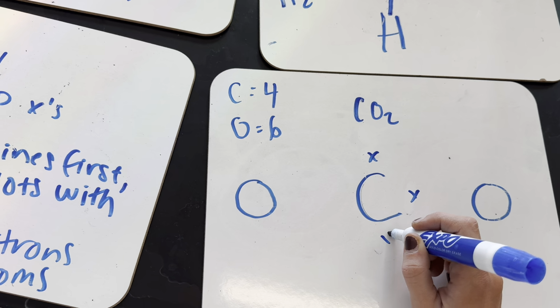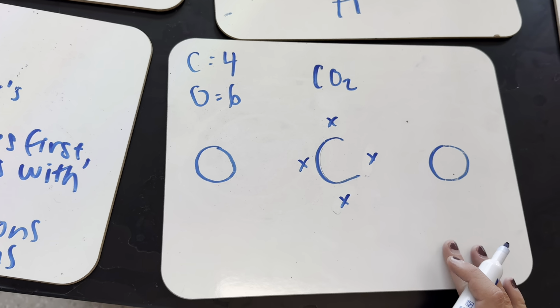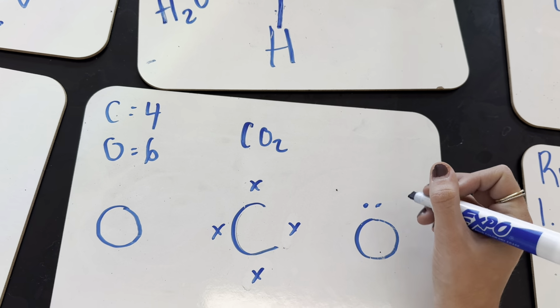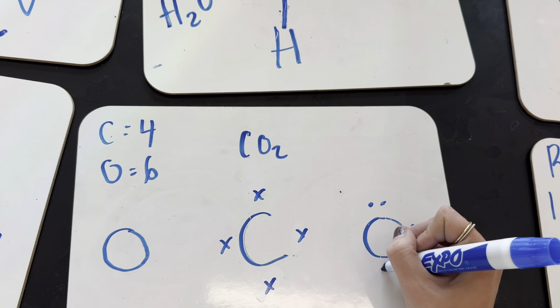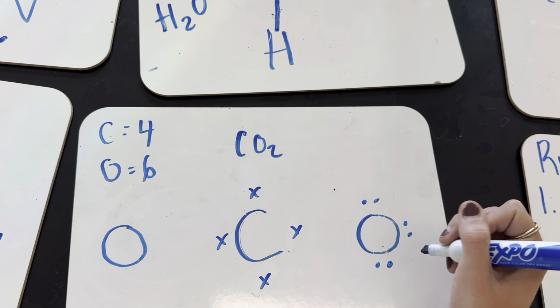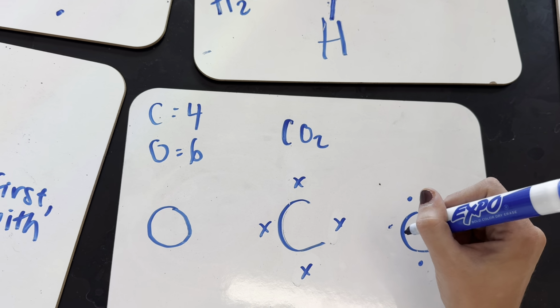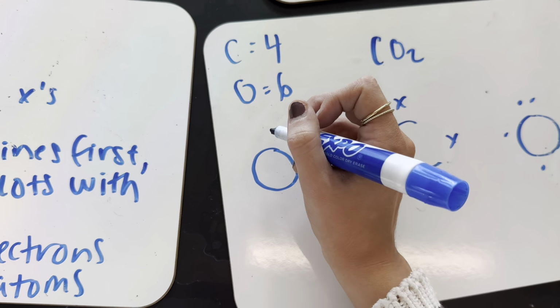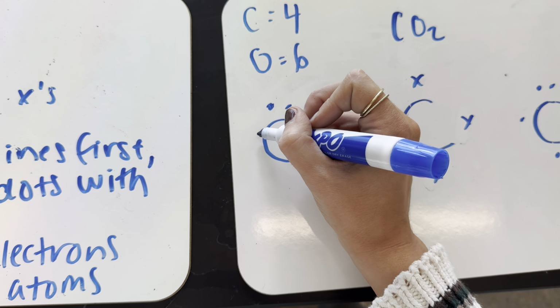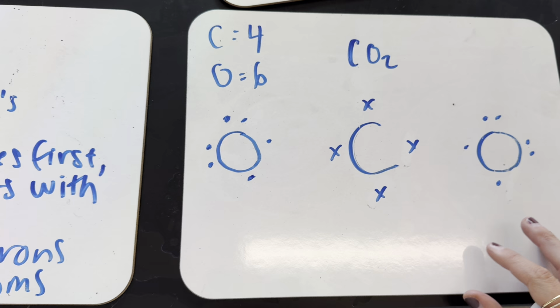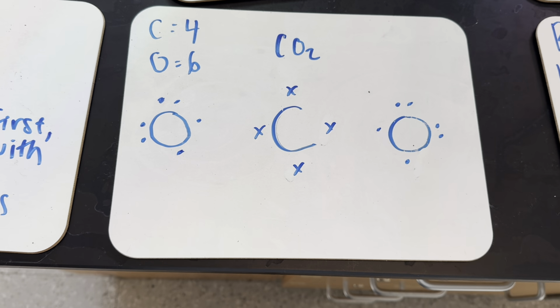It doesn't really matter. But I'm going to do X's for carbon, and I'm going to do dots for oxygen. Okay, so 6 around oxygen, and then 6 around this oxygen. Perfect.